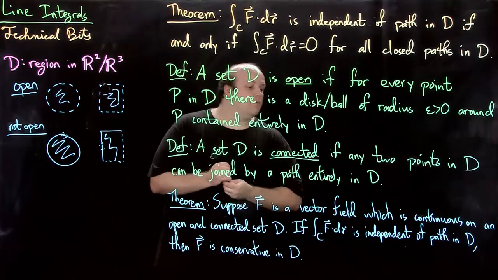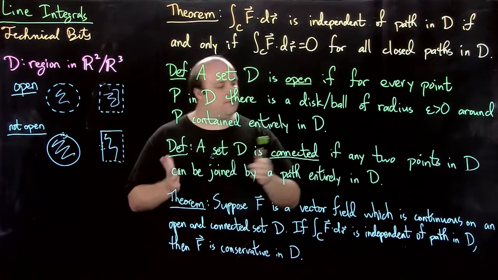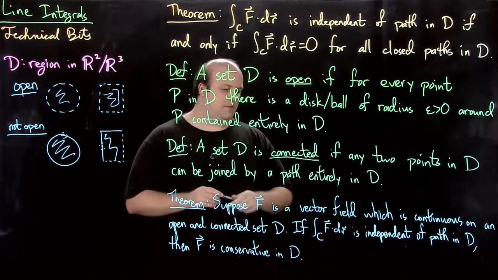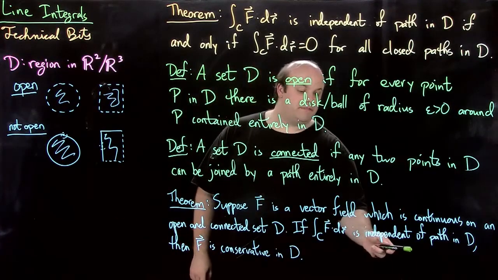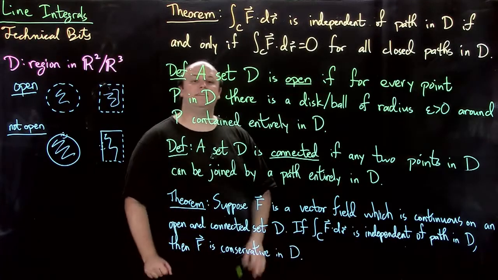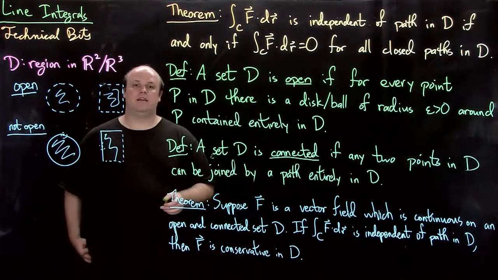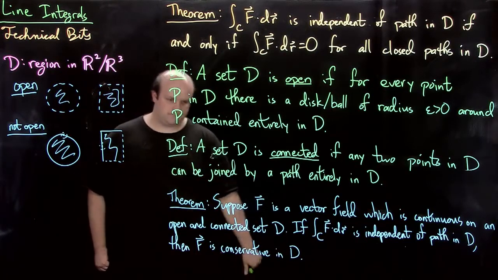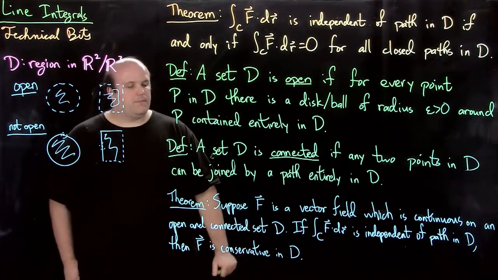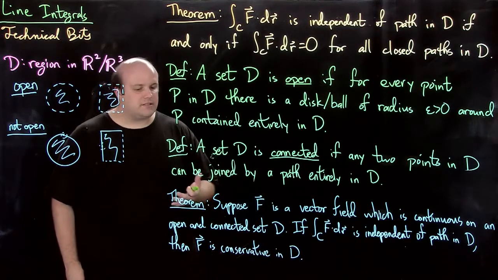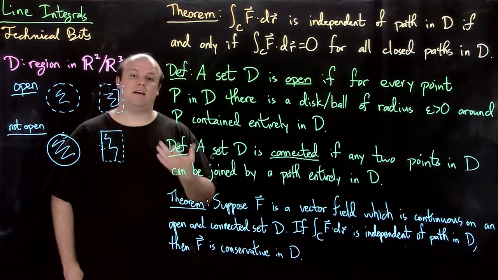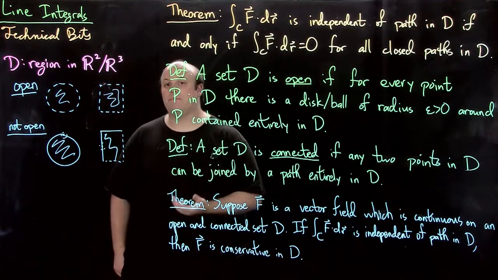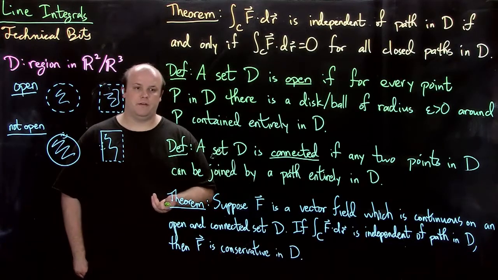So if you have an open connected set, and the line integral is independent of path in D, then F is conservative. This is a great theorem, because now we have some way to describe what it means to be conservative.